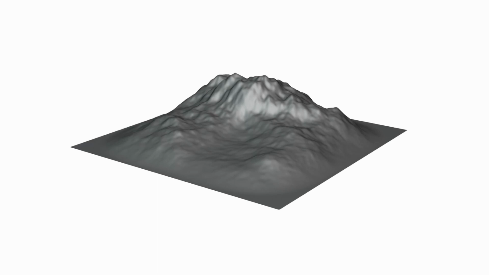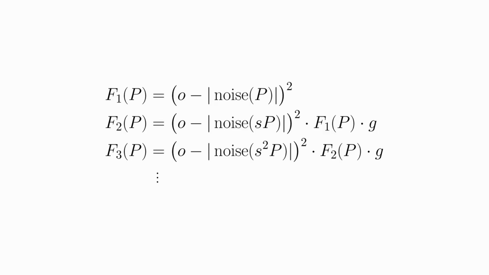We can construct a bit better pattern by using the so-called heterofractal. Heterofractal was invented by Ken Musgrave, so we have another Ken here. It is defined as a sort of recursive formula. We start with some parameter O minus the absolute value of noise, and we square this difference.